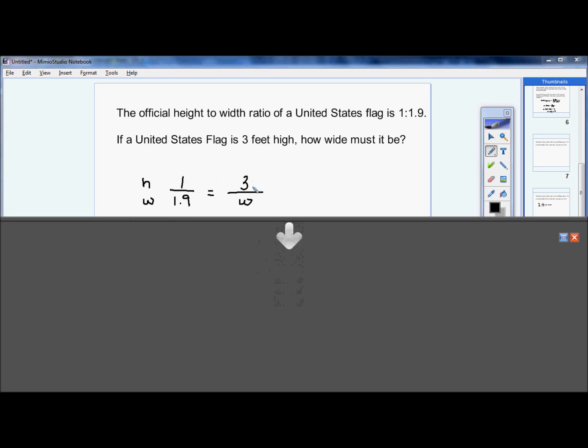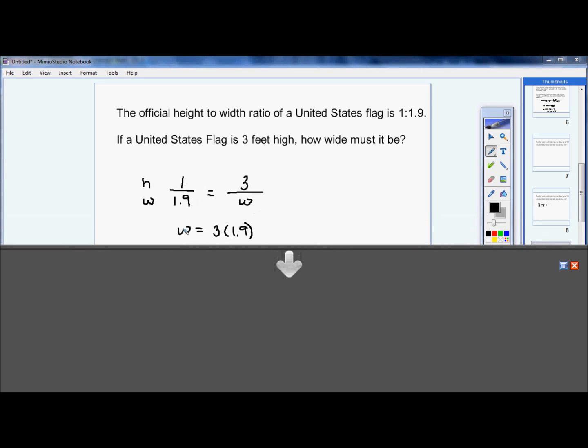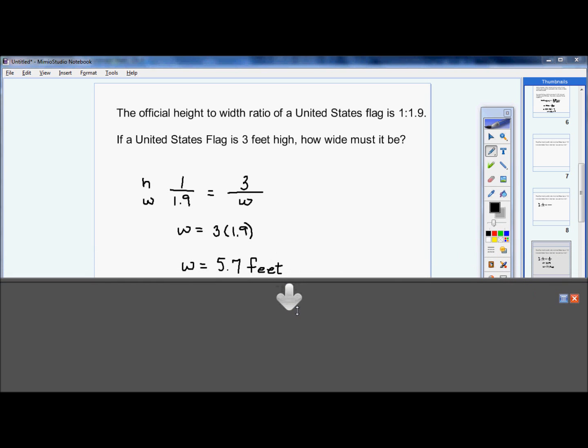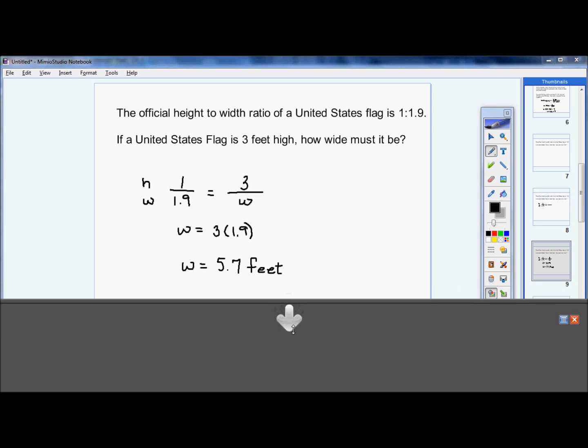Height, actual height of the flag is 3 feet, and we have the width as unknown, and we have to figure out then what W is. A little simple cross multiplication. We end up 1 times W, 1W equals 3 times 1.9. Use your calculator and find out that that flag has to be 5.7 feet wide in this particular problem.